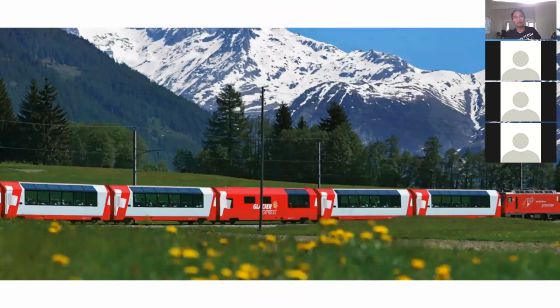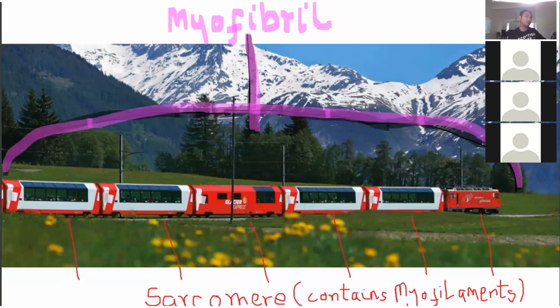That is what we talked about, isn't it? This is a little train. So one coach is equivalent to one sarcomere. Another coach is equivalent to another sarcomere. And sarcomere, sarcomere, sarcomere. All the sarcomeres are arranged in linear fashion.